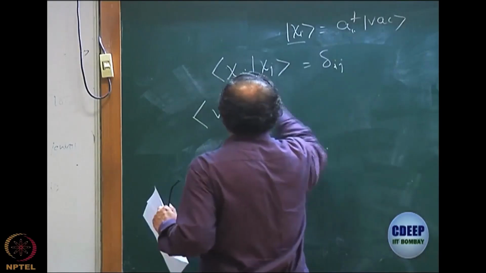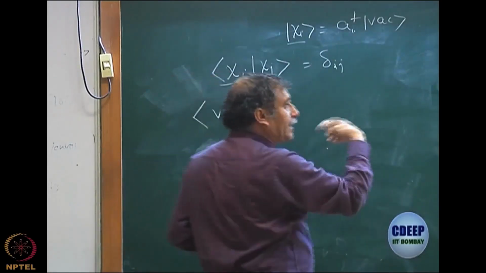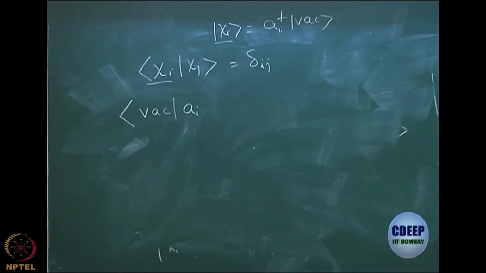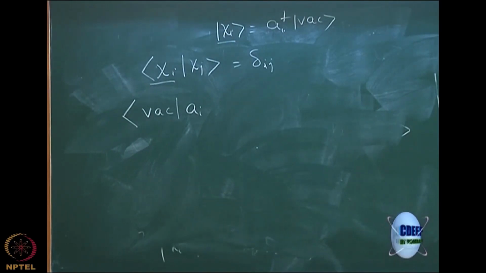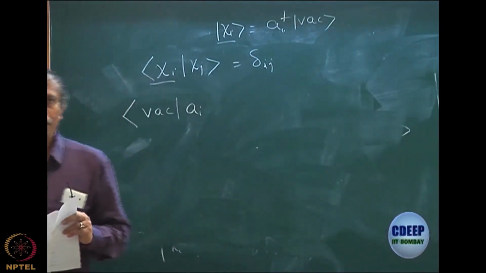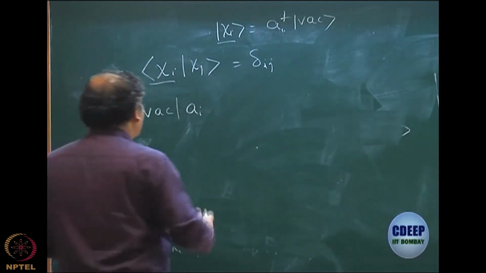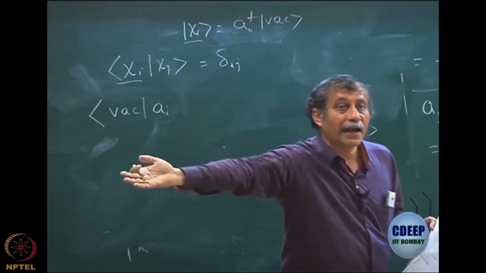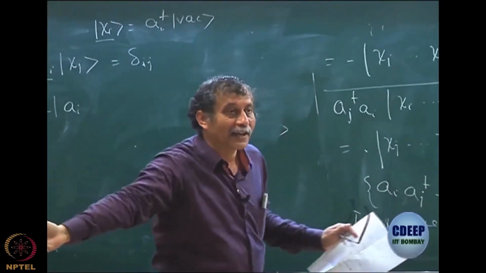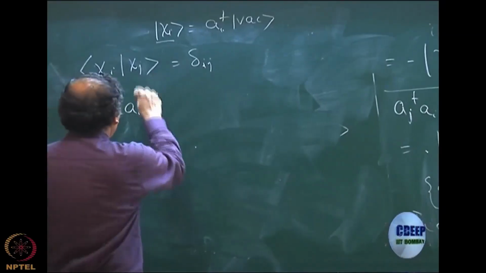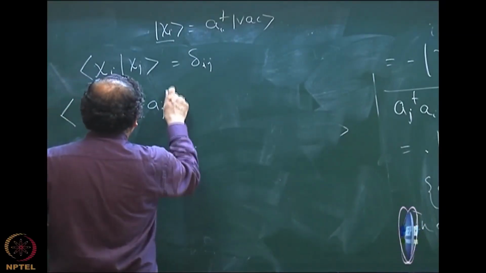So what will be the conjugate of chi_i? It is the vacuum bra times a_i dagger dagger, and I have shown that this is the annihilation operator, so it is the vacuum bra times a_i. The annihilation operator acts on the left of the vacuum, and the creation operator acts on the right of the vacuum. The annihilation operator cannot act on the right of the vacuum because there is nothing to annihilate, but on the left it will act because of the adjoint. Then I write chi_j, which is a_j dagger acting on the vacuum.